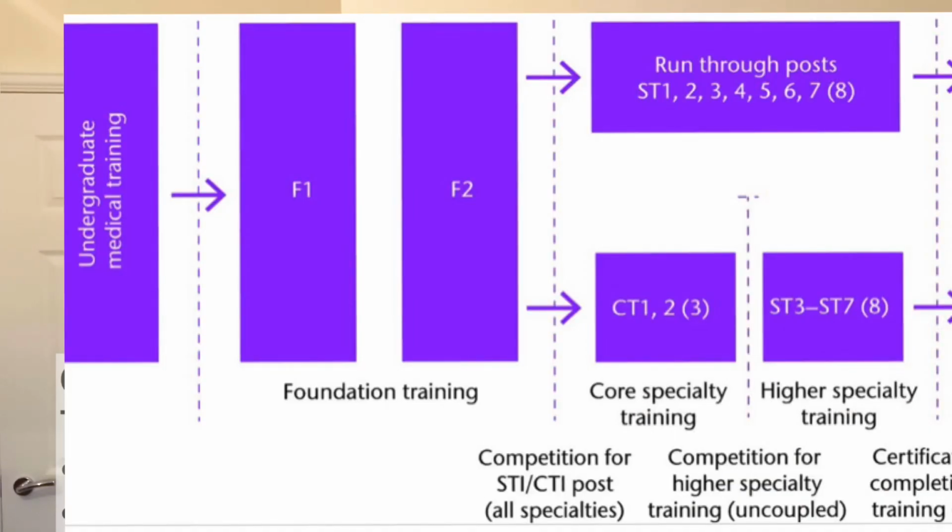The core specialty training program applies to specialties in medicine and in surgery, where you go through 2 to 3 years of core training. After that, you need to apply again for subspecialties. For instance, in medicine, you apply for subspecialty in acute medicine, endocrinology, cardiology, respiratory.